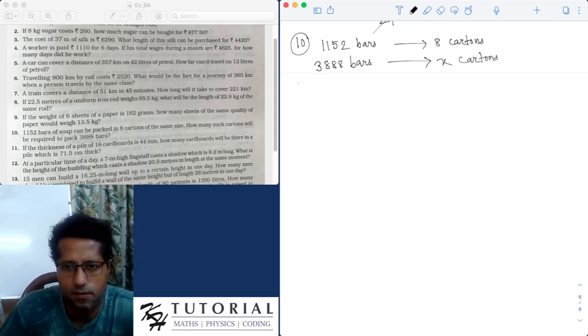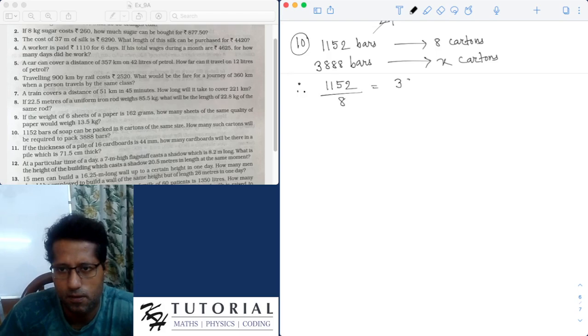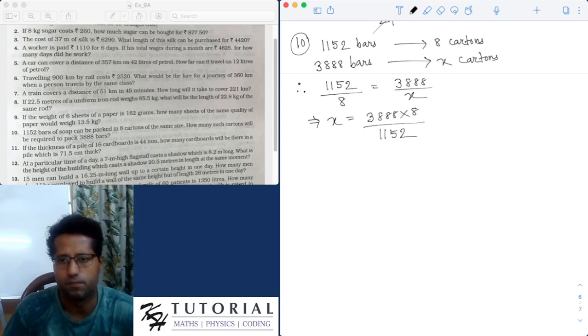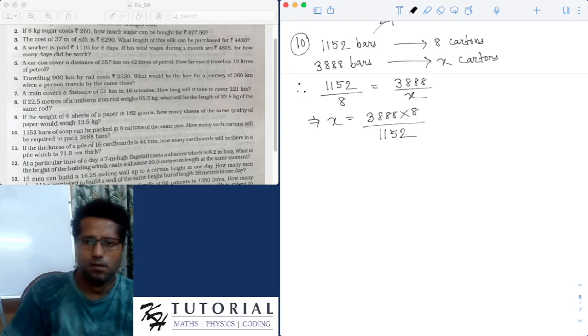So now we can say that 1152 divided by 8 is equal to 3888 divided by x. This implies x equals 3888 multiplied by 8 divided by 1152.